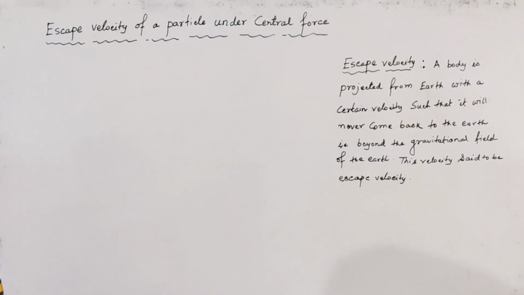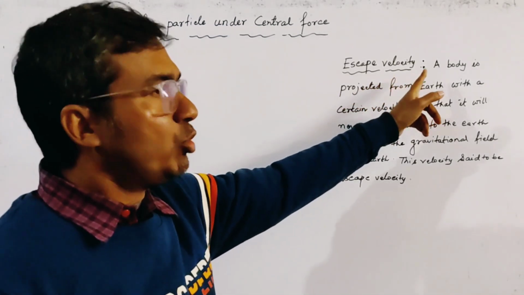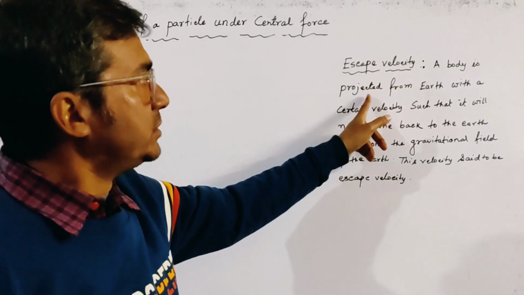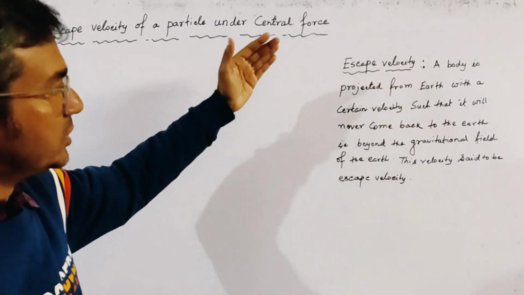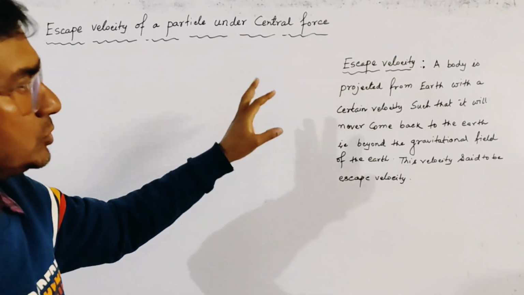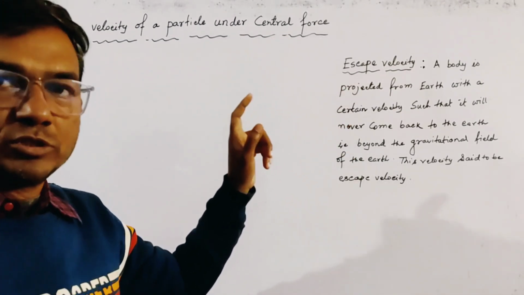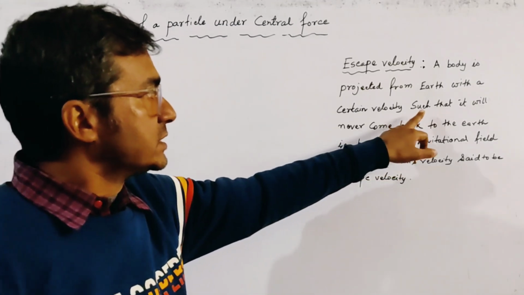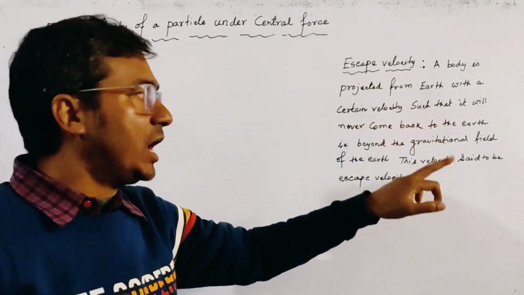Escape velocity is defined as follows: a body is projected from Earth with a certain initial velocity, or velocity of projection, such that it will never come back to the Earth.